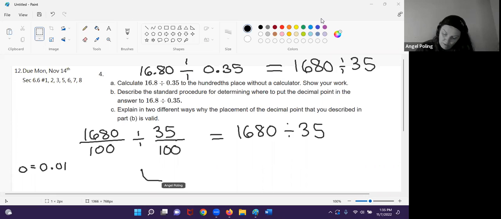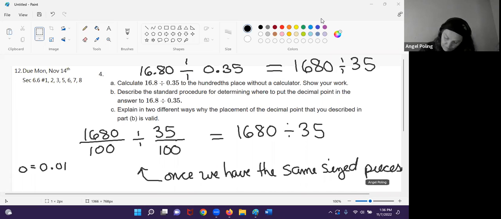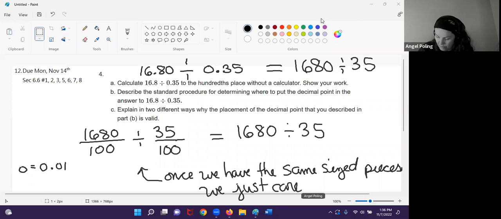So here in fraction vocab, once we have the same sized pieces, we just care about the number of pieces.